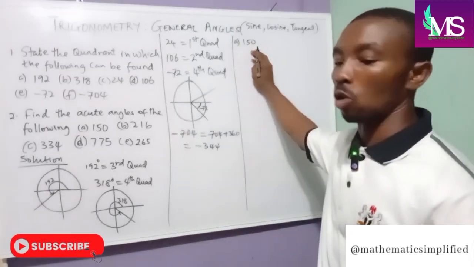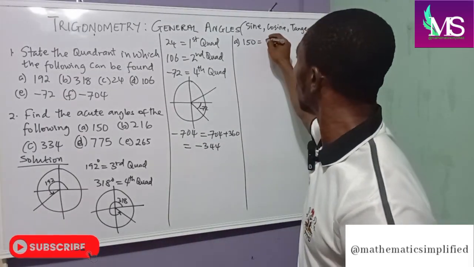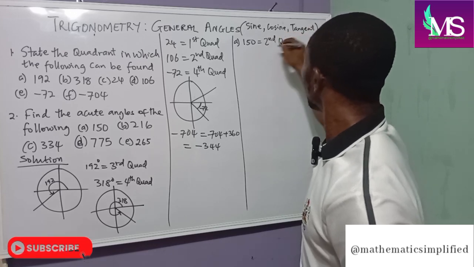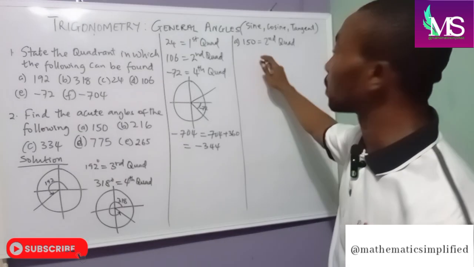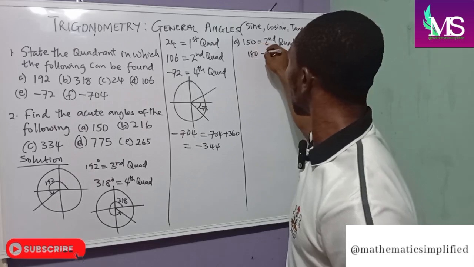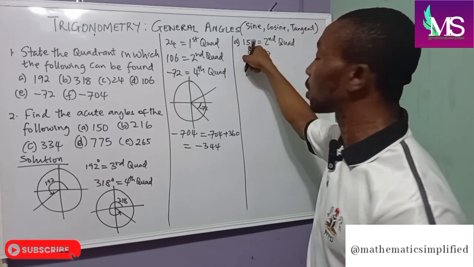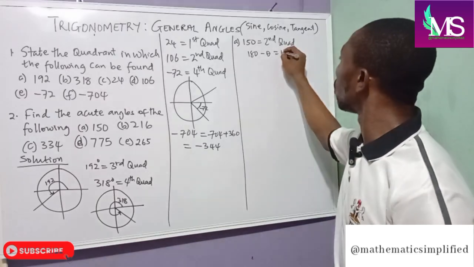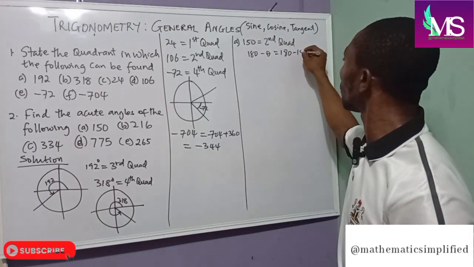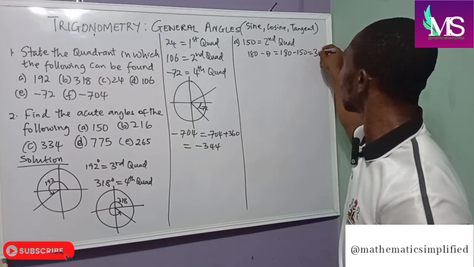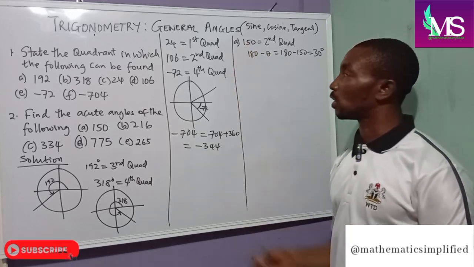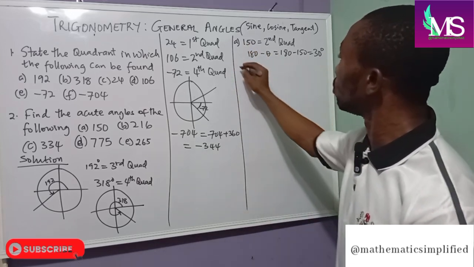We know the formula for finding acute angles in the second quadrant is 180 minus theta. In this case, our given angle is 150, so this becomes 180 minus 150, which will give us 30 degrees.